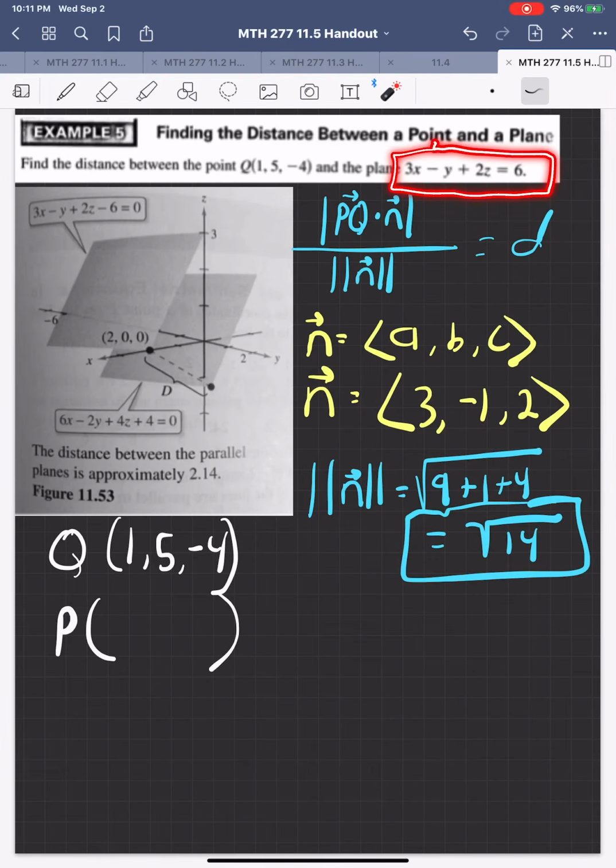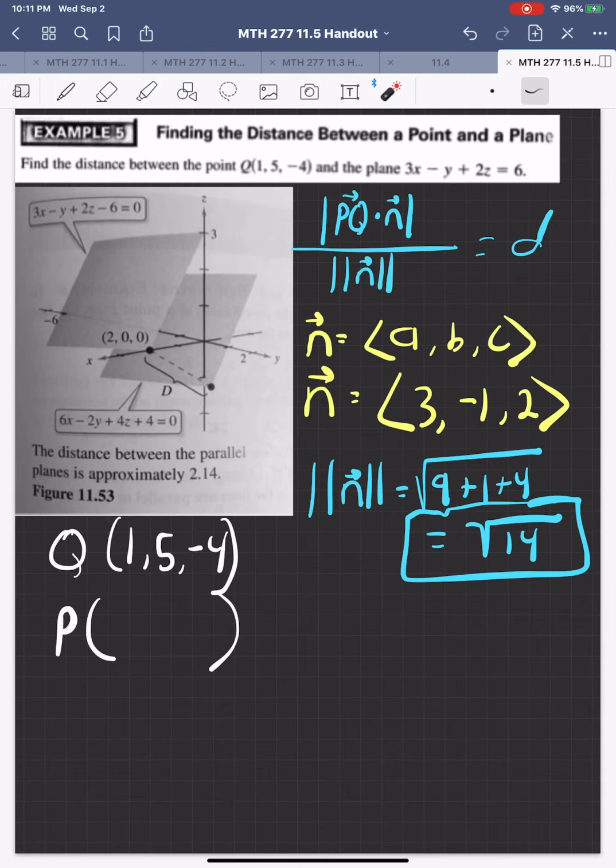Do you agree with me that every single point in this plane can be found from this equation? Agreed? Well, if you want another point, and it doesn't matter what it is, then watch how simple this is.